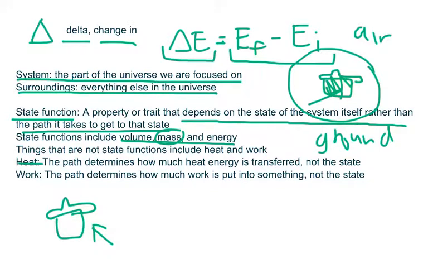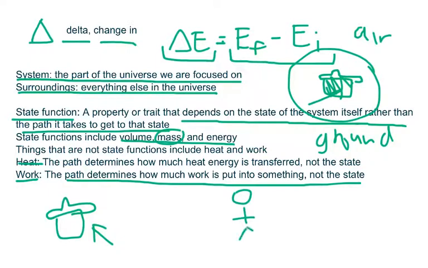Another thing that is not a state function is work. The reason is that the path determines how much work is put into something and not the state. For example, let's say you wanted to go out for an exercise, and we want to find out how much work you are going to put into this exercise.